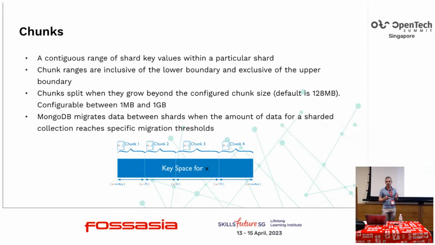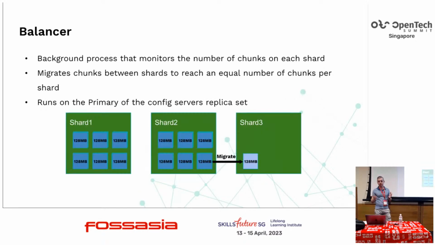And also starting with MongoDB version 6, which is the latest, we have balancing of data instead of chunks. So previously, the balancer was just making sure each shard has the same number of chunks.